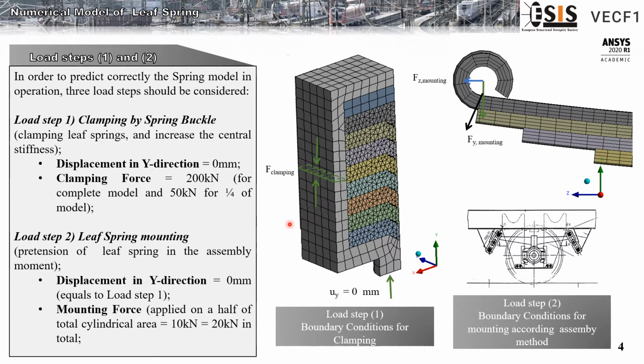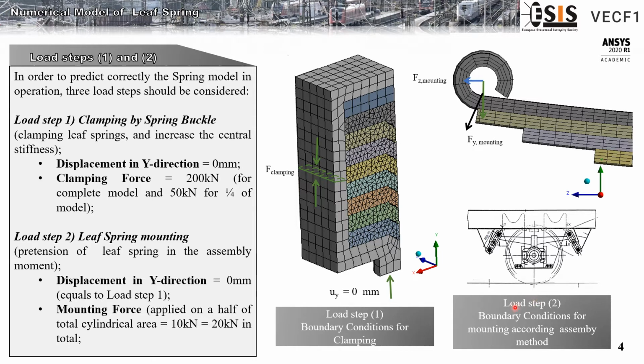The first load step is about clamping by the spring buckle, while load step 2 is about leaf spring mounting. Regarding load step 1, the clamping force was modeled by rotation elements applied on the middle of the spring buckle, with a force equal to 50 kilonewtons for a quarter of the model.